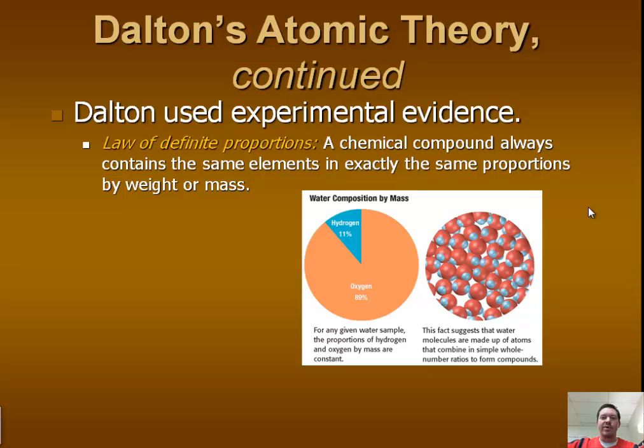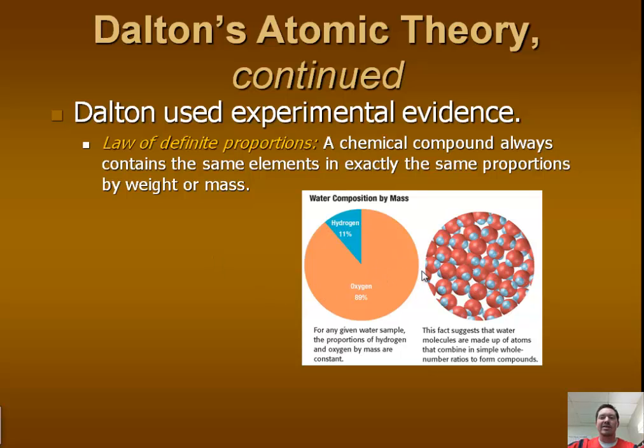So if we were to figure out the composition by mass, we can see that water is 89% oxygen, 11% hydrogen. So this doesn't really lead to the H2O part, because we have twice as many hydrogens as oxygen, but there's more mass in an oxygen atom.